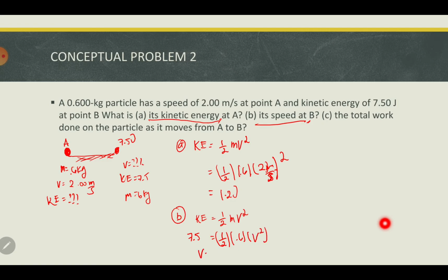Solving for this, we have the square root of 7.5 multiplied by 2 divided by 0.6.